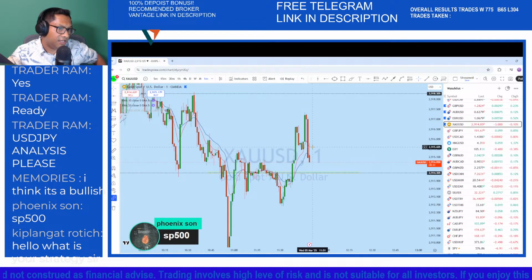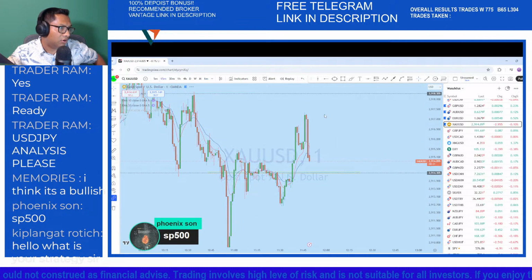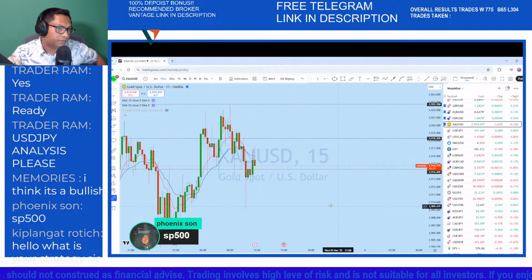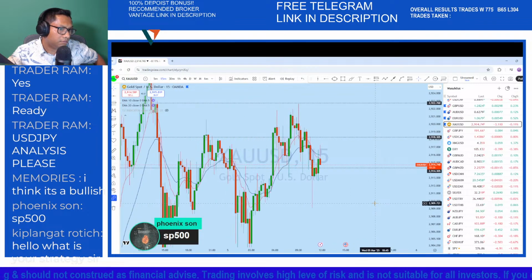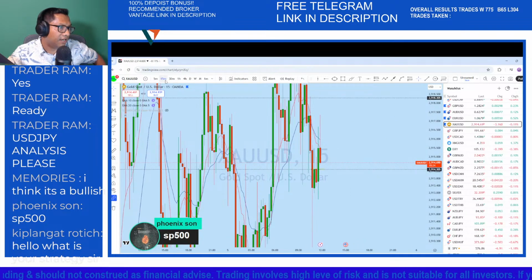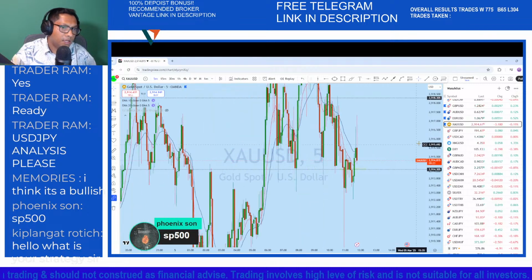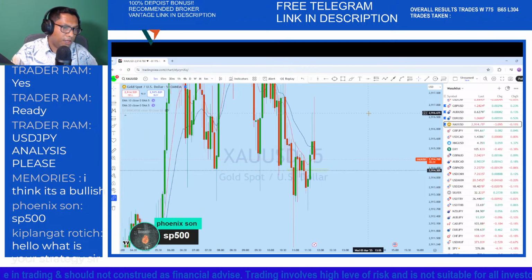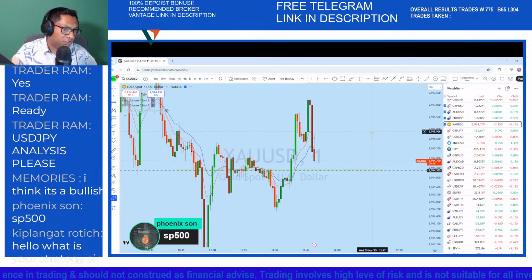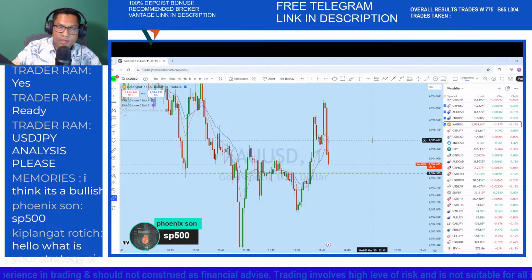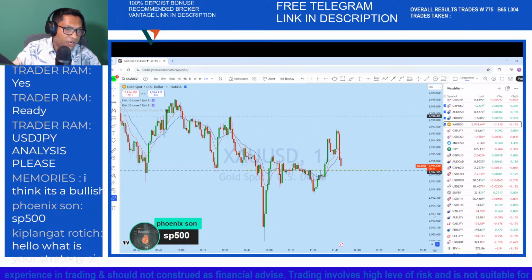It might lead the price back to the order block here, and once we see the market has dropped well below the order block, that's where we will be looking for entry in this market. So we'll be waiting for the proper entry opportunity.